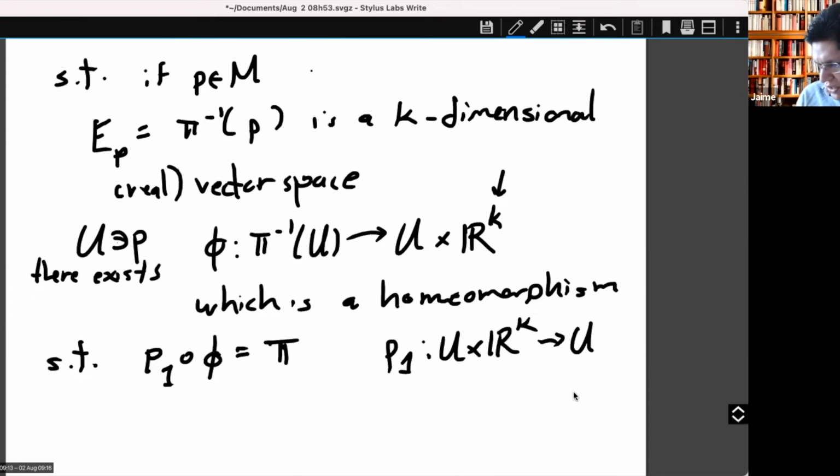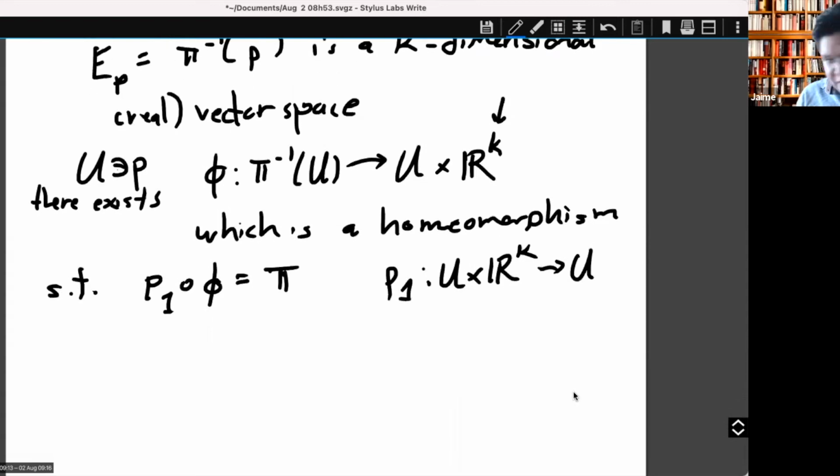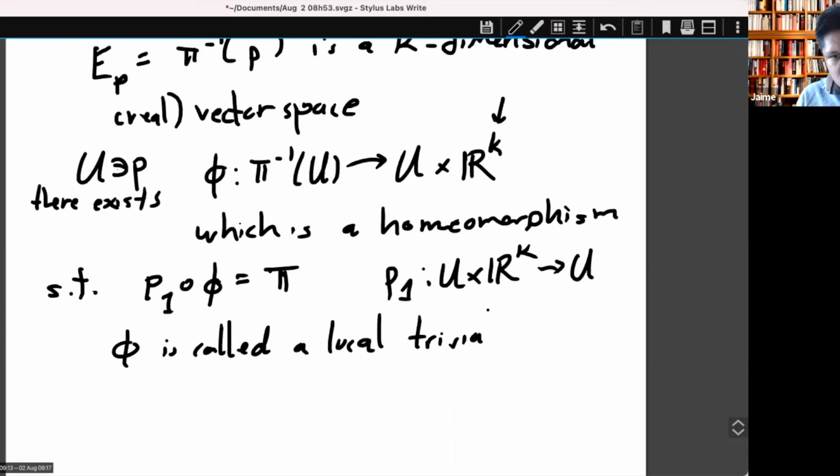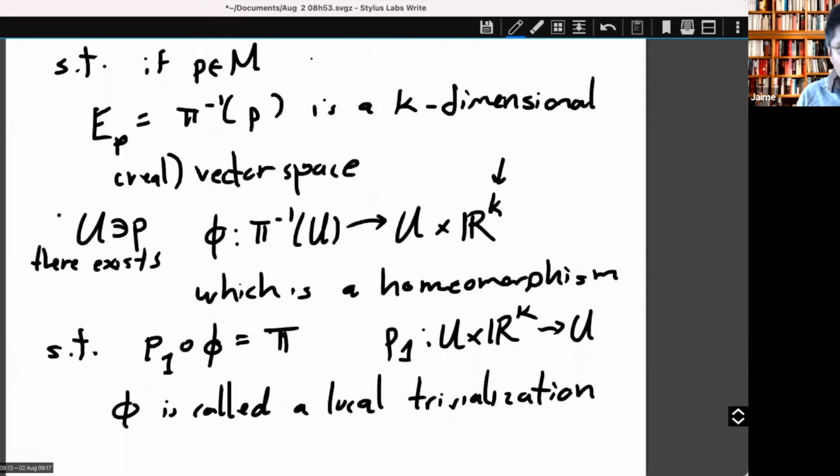Right. And these maps are called local trivializations.